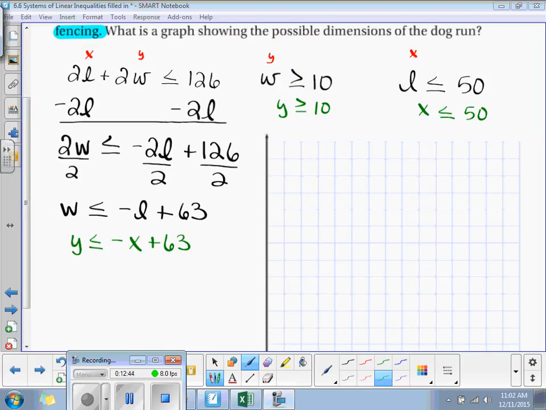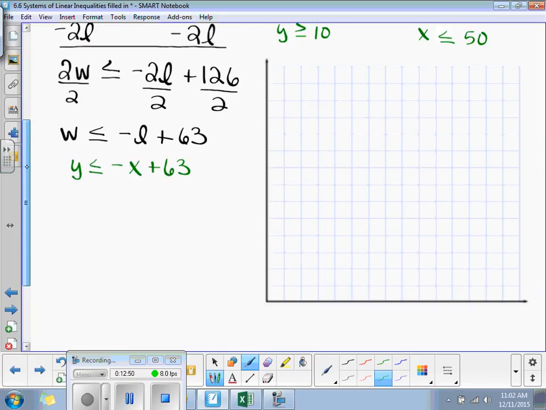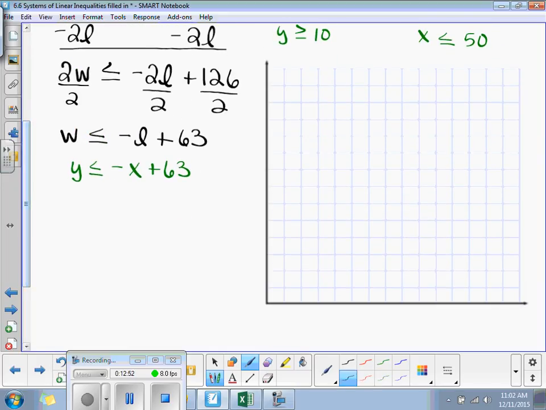The length is our x, and the width is our y. So when we put it on our graph, the length is the x, and the width is the y.